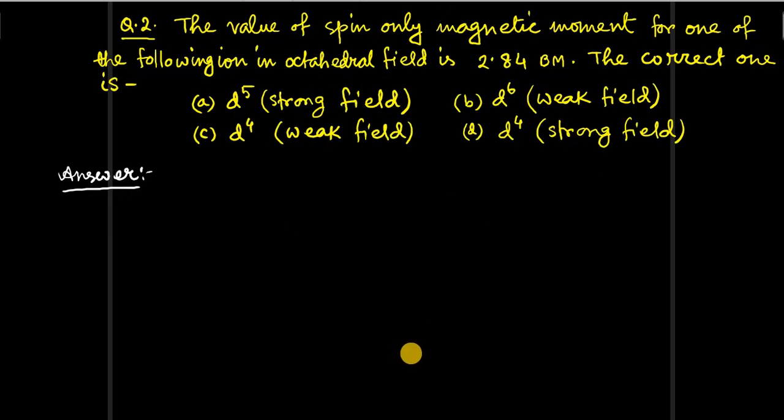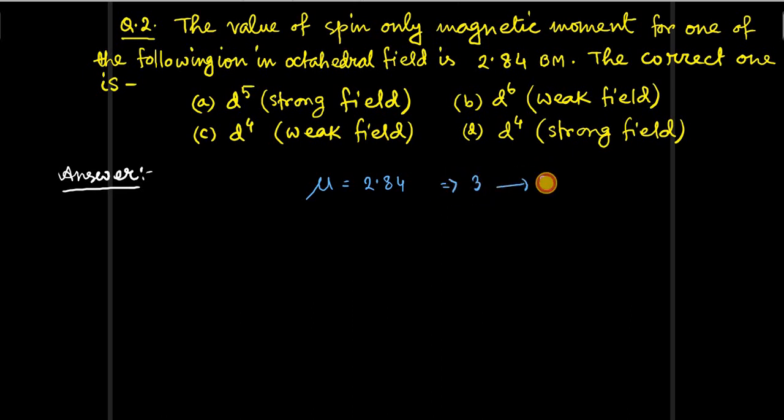The value of spin only magnetic moment for one of the following in octahedral field is 2.84 BM. The correct one is. So here we have a trick. The magnetic moment is 2.84. So take the next nearest whole number, that is 3.